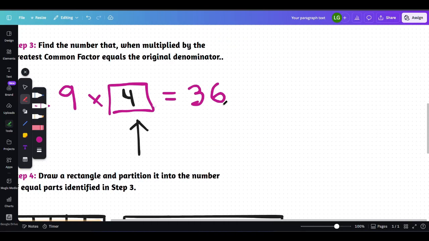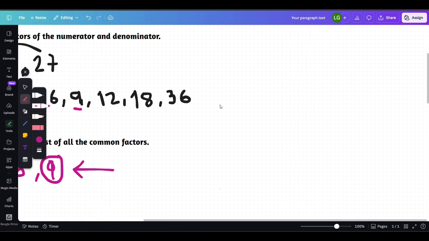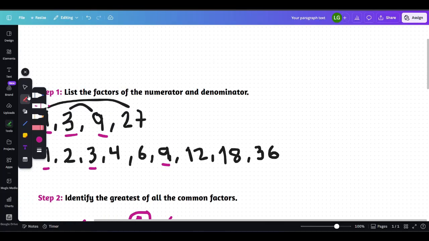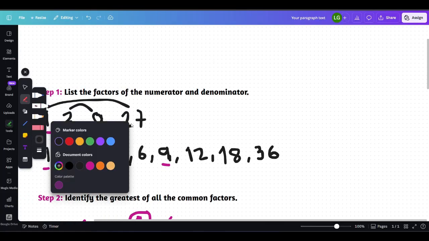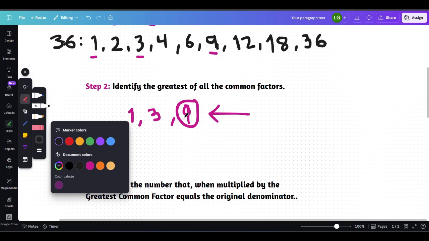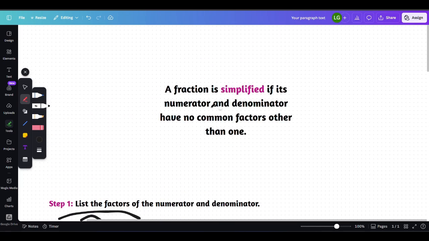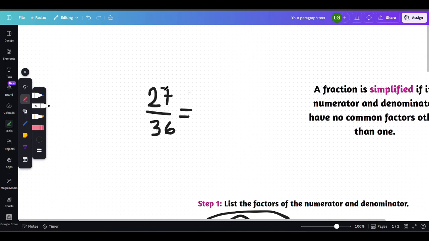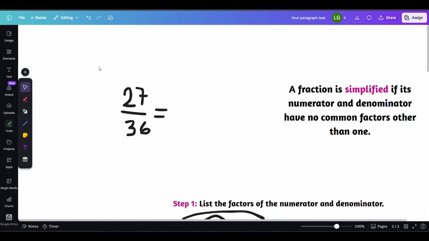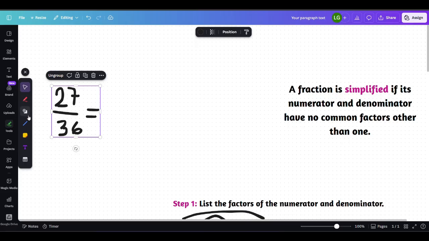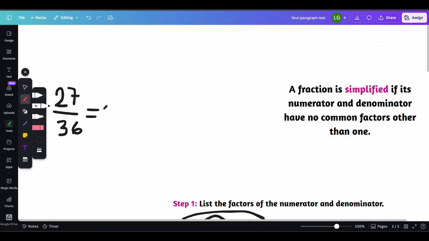Now, I'm going to show you how to simplify the fraction using only our greatest common factor. Well, we know that 27 over 36, I'm going to move here, we can represent like a multiplication, okay?